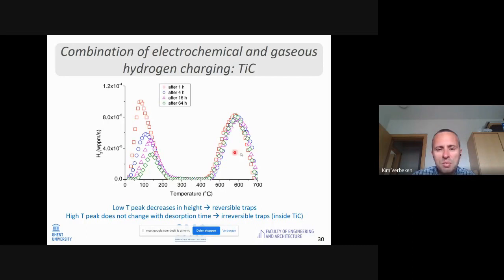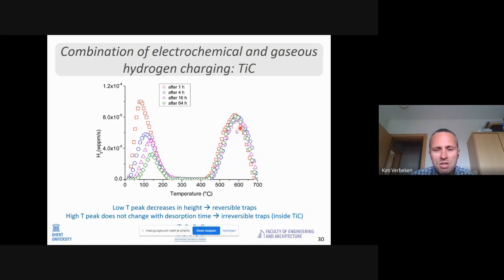And this is actually the peak we see over here. So because of the high temperature, hydrogen is able to enter the titanium carbide, and inside this titanium carbide, all the vacancies which are available there, or increased amount of vacancies available there, because of the high temperature, they get filled up with hydrogen.